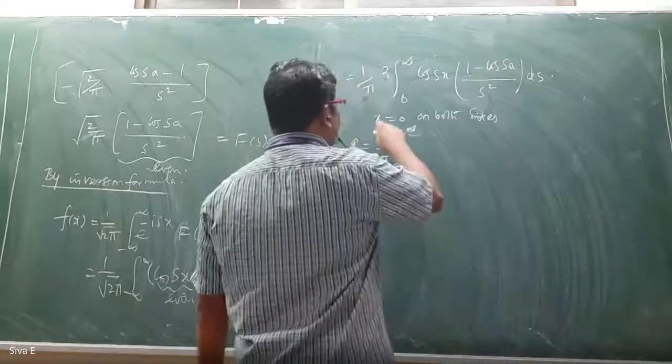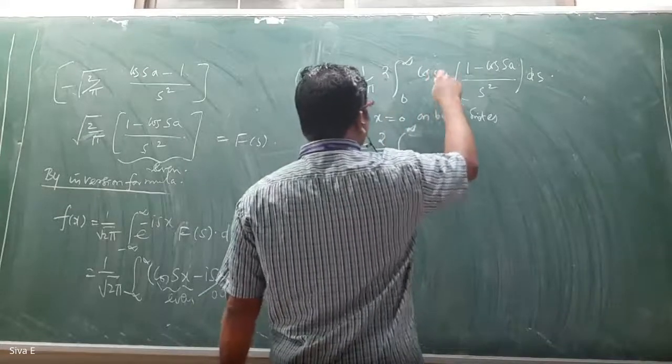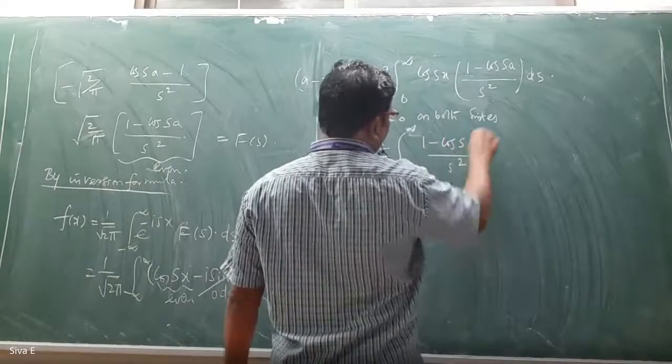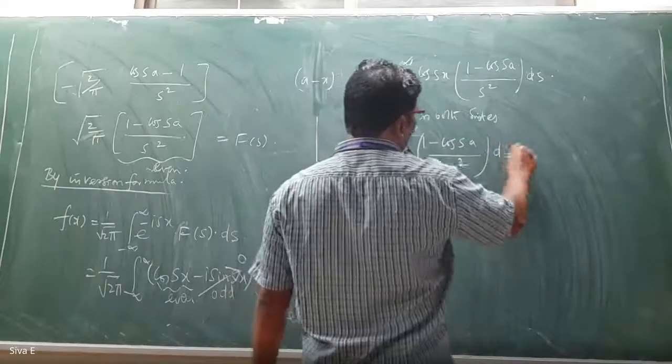If you substitute x equal to 0 here, it is 1. So 1 minus cos sa by s square ds.